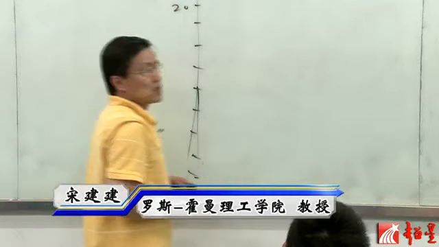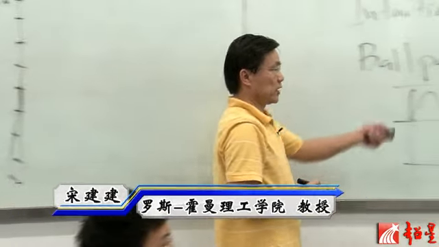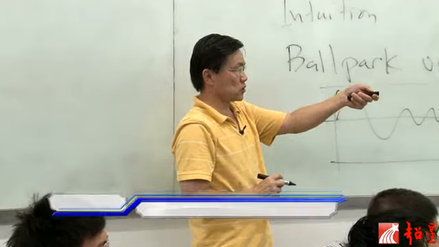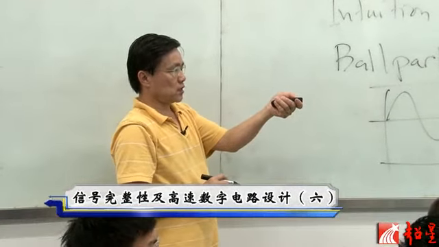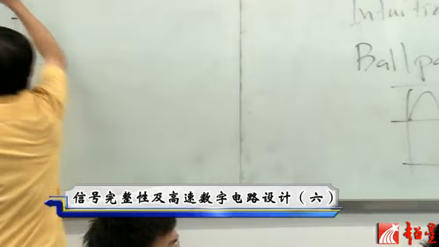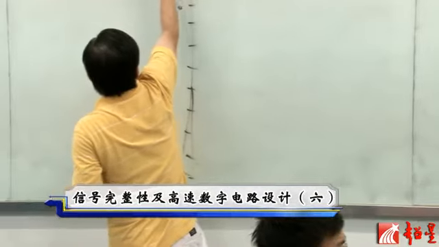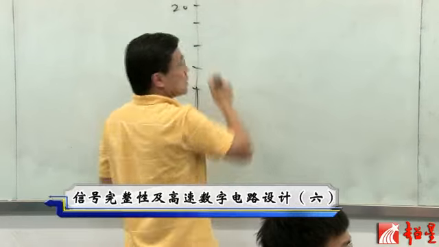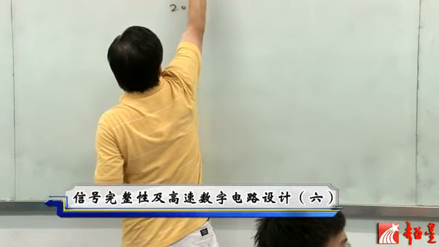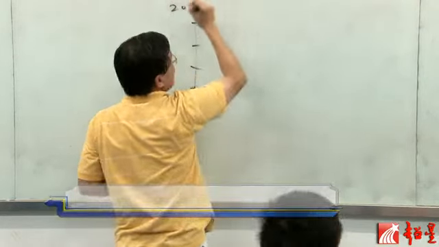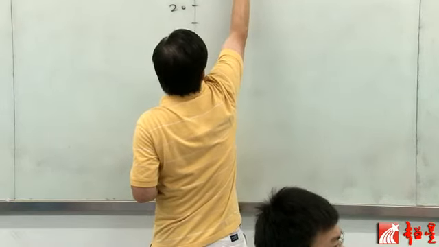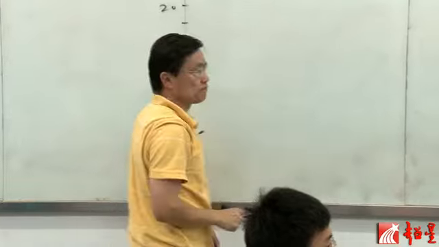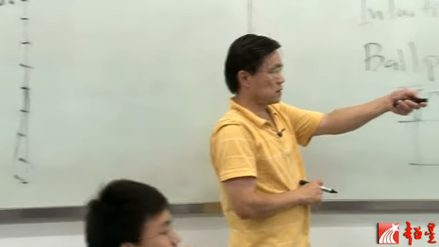Now what we need to do is to find all the reflection coefficients. The reflection coefficient at the source, gamma source, is 50 ohm minus 150 divided by 200, which is negative 0.5. That's this.